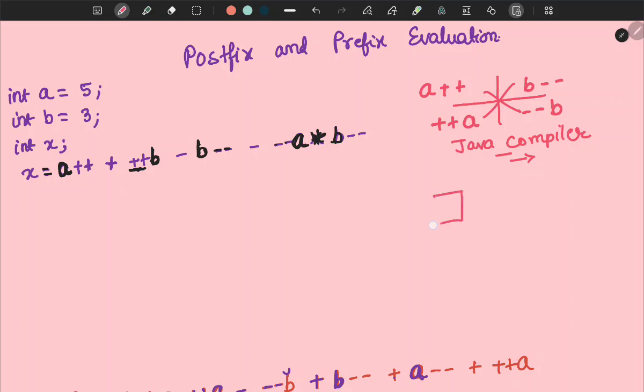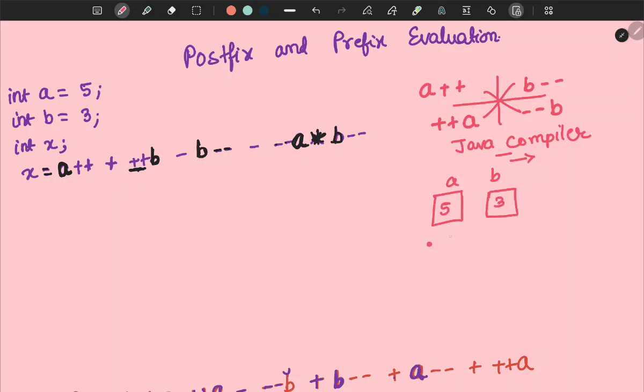So we have variables a and b, and x that we have to calculate. A is 5, b is 3. I'm telling you only two things.